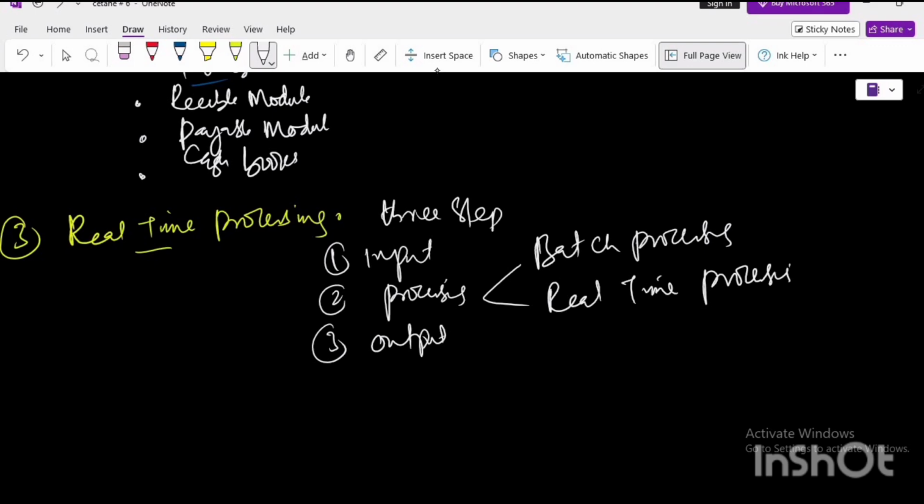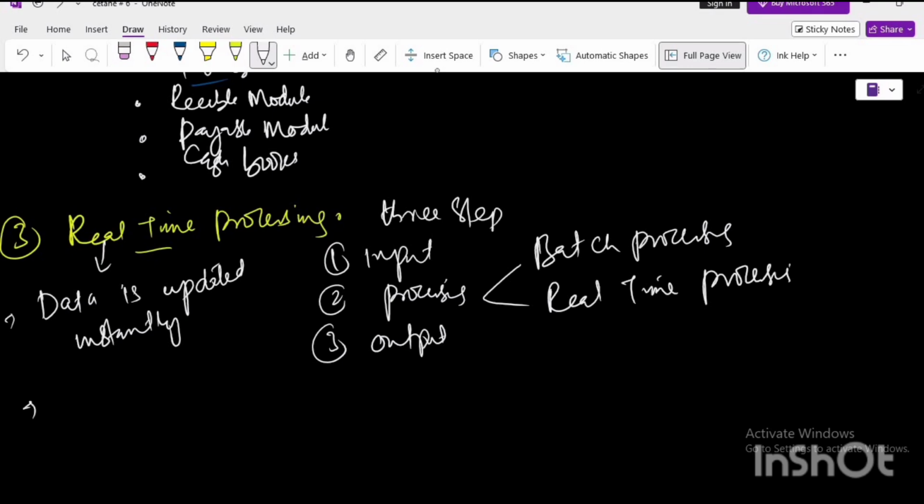So the feature of real-time processing is that data is updated instantly. Clearly, this is what we're talking about, real-time processing.